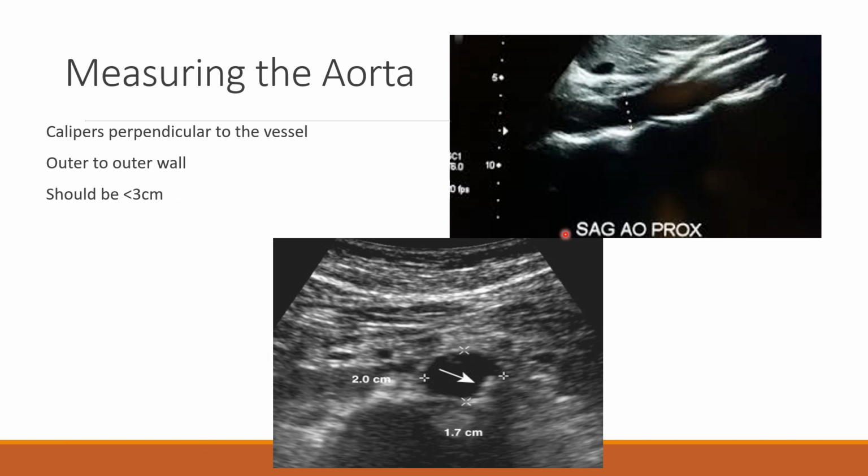The other thing we like to teach is that you never want to measure just straight down from your screen, because as you see the aorta is progressing up at an angle, we want to be 90 degrees to the aortic wall. I would measure like this rather than like this, because that's going to elongate the measurement. So imagine that line of the lumen and measure perpendicular to the line of the lumen to get your most accurate measurement.